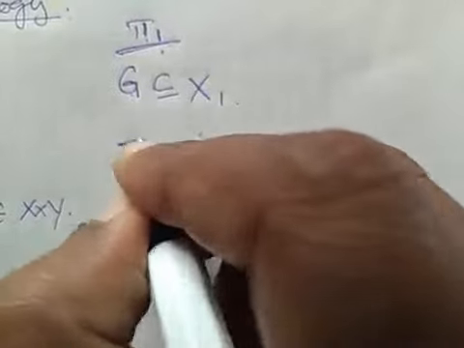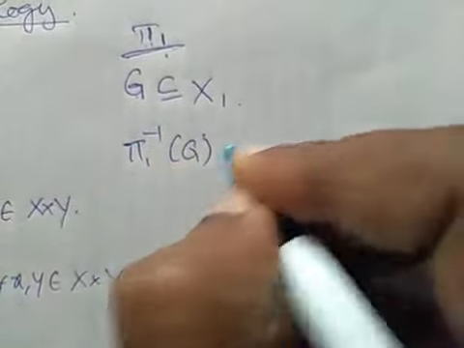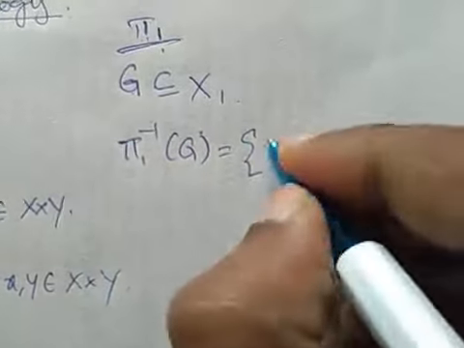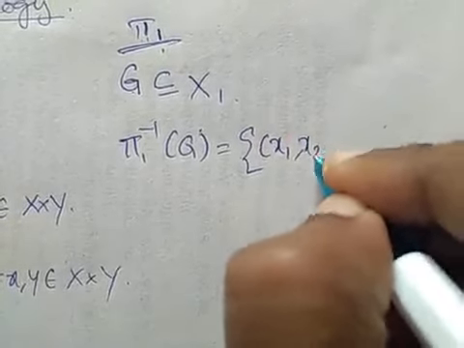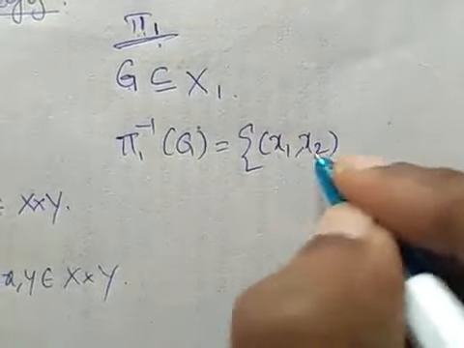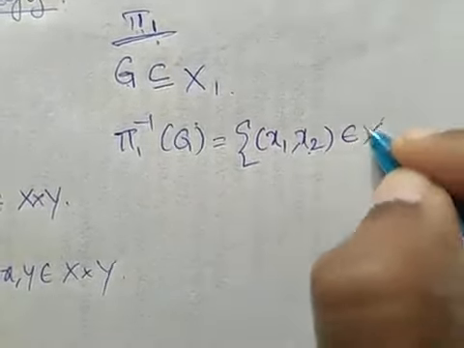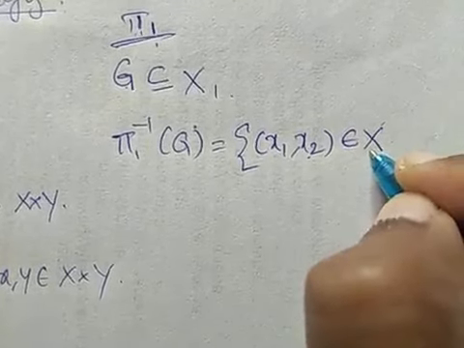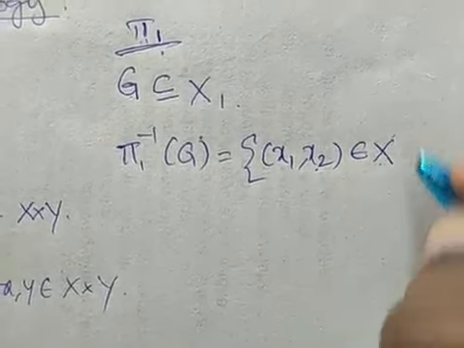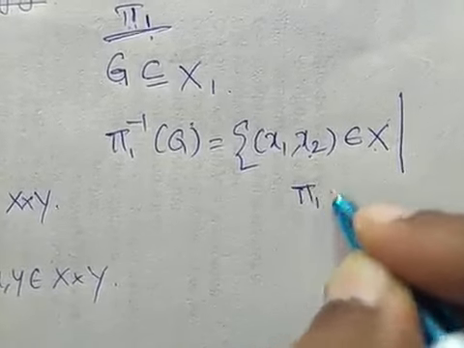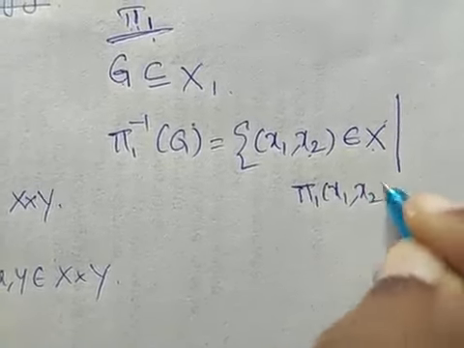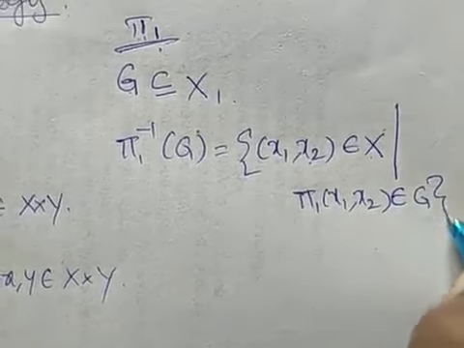So phi 1 inverse of G is equal to the set of (x1, x2), an element belonging to X1 cross X2, where X is nothing but our X1 cross X2, such that phi 1 of (x1, x2) belongs to G.